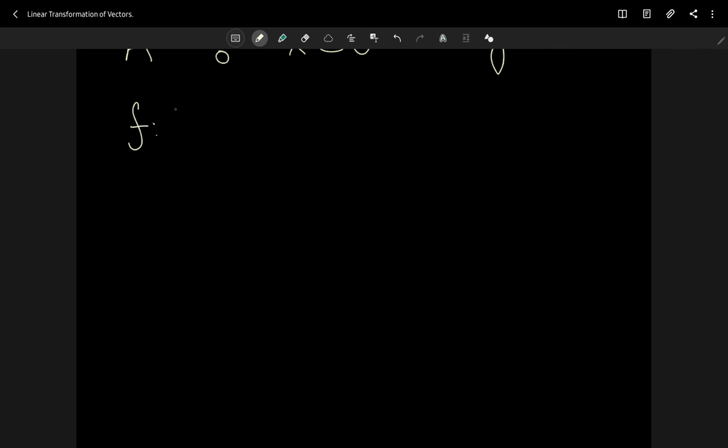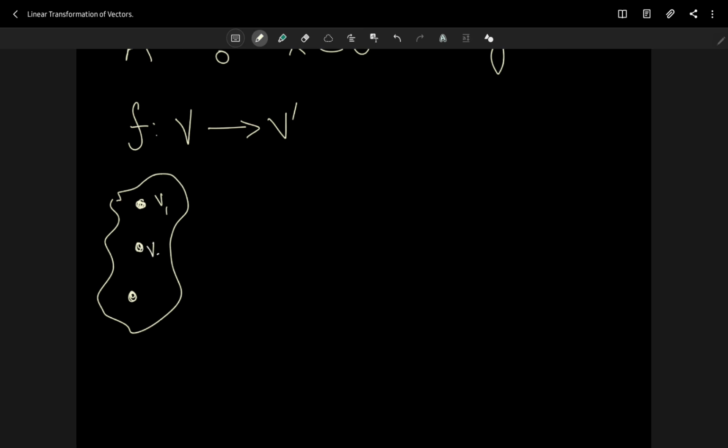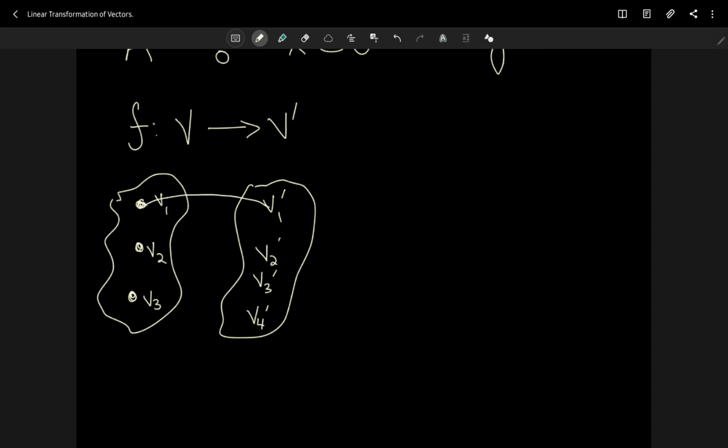First, let's talk about this function that takes V and maps it to V prime. That would look something like, you have these points, let's say V1, V2, V3, and the function f maps them to V1 prime, V2 prime, V3 prime, and we have some V4 prime. But this f takes V1 to V1 prime, V2 to V2 prime, and V3 to V3 prime. And f is the map.